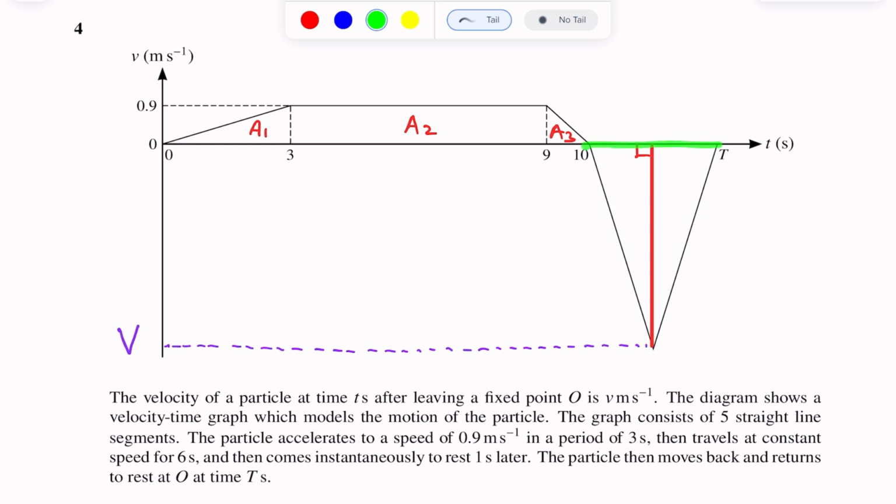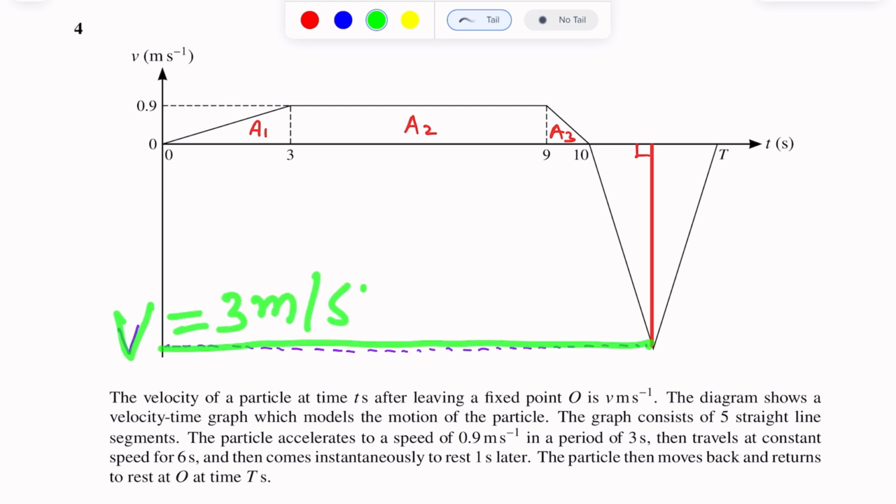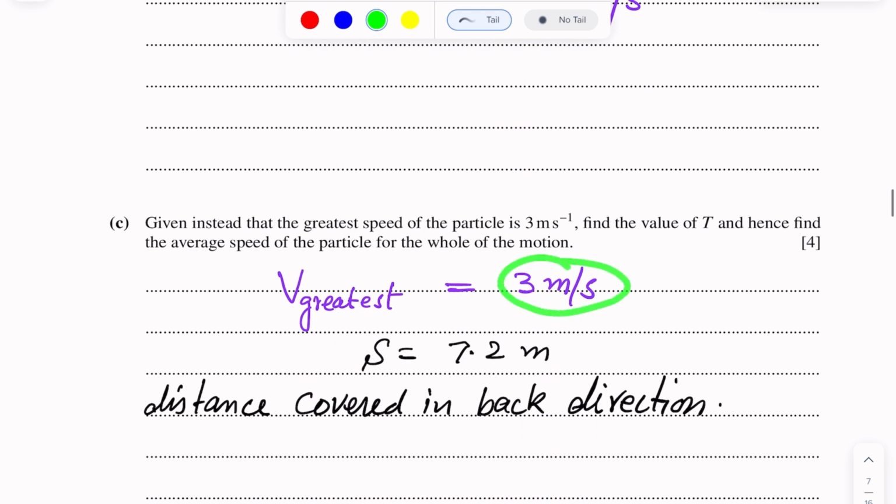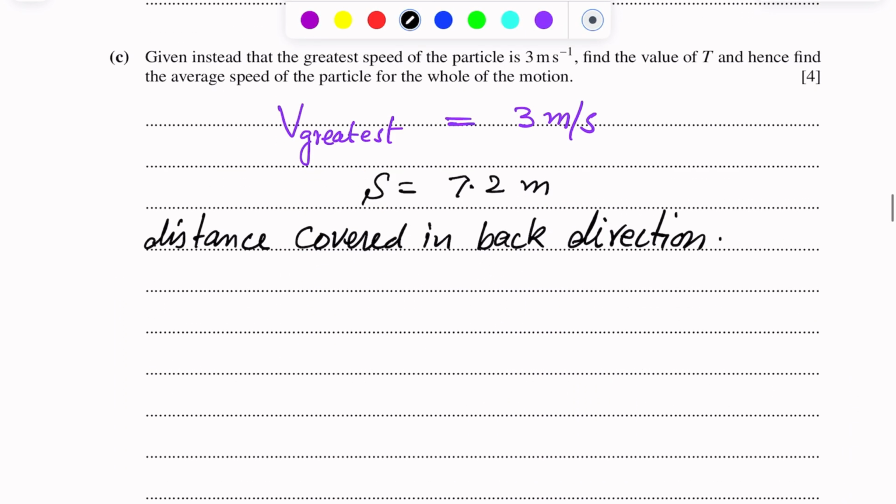Now the base is t minus 10 and the height is 3, because v is given as 3 meters per second. Greatest speed is given. So the distance covered in the back direction is equal to 1 over 2 into (t minus 10) into 3.